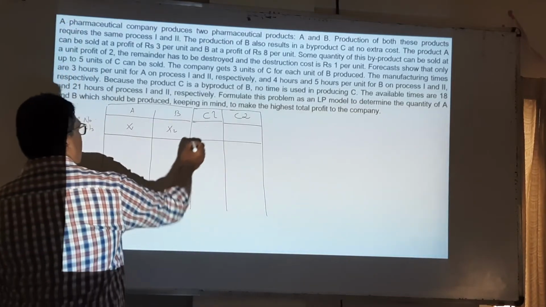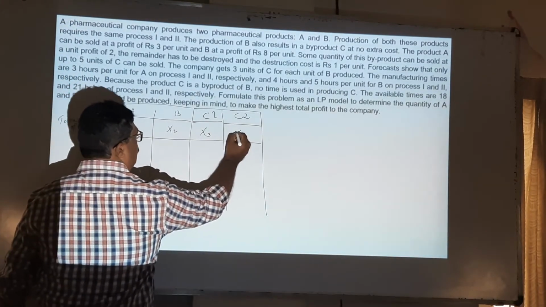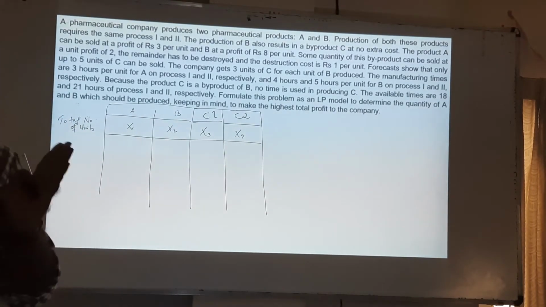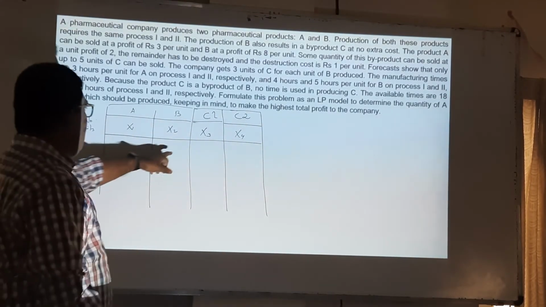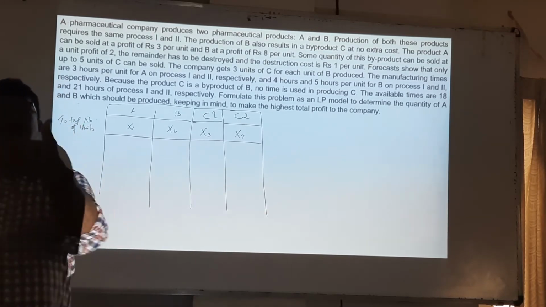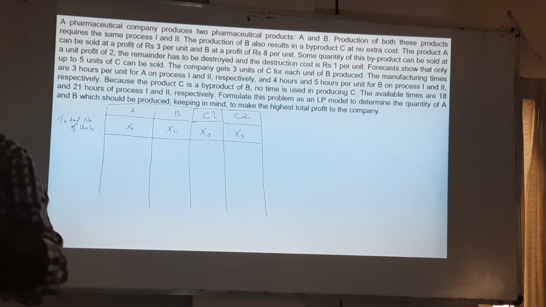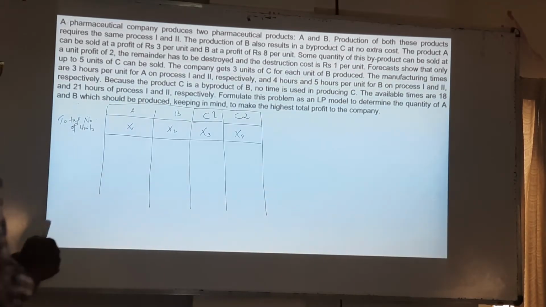So I am giving X3 and X4 as the product which is being sold and the product which is being destroyed. So C has 2 components, X3 and X4. So total C is X3 plus X4. You need to understand it in that way.